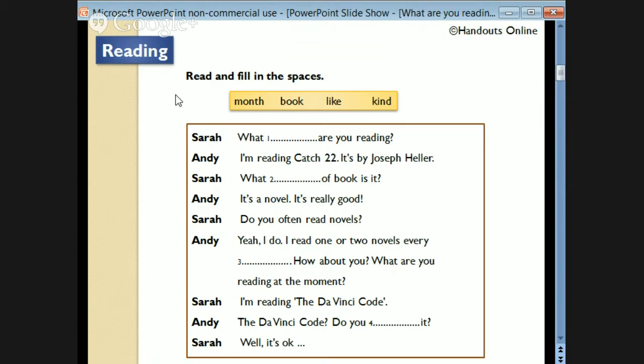We have a dialogue here, and the purpose of this dialogue is to get you thinking about what words need to go on the line, whether they are verbs or nouns. So the first sentence, Sarah says, "What blank are you reading?"